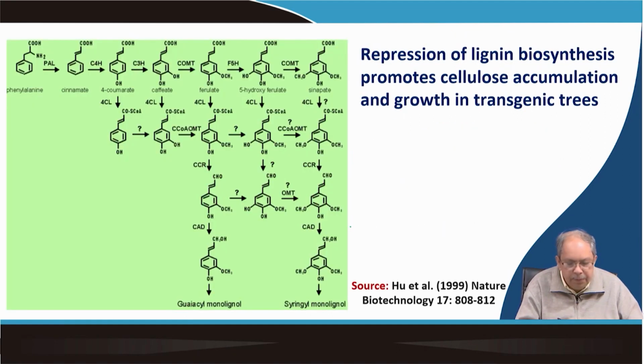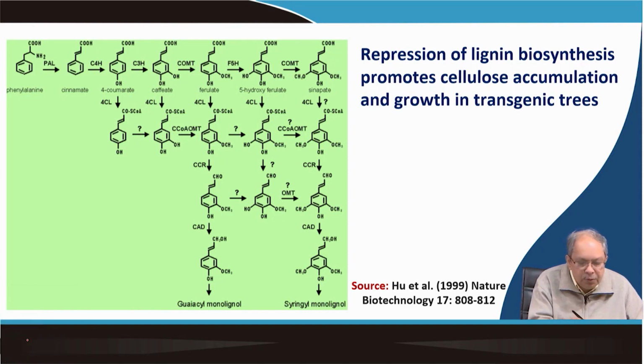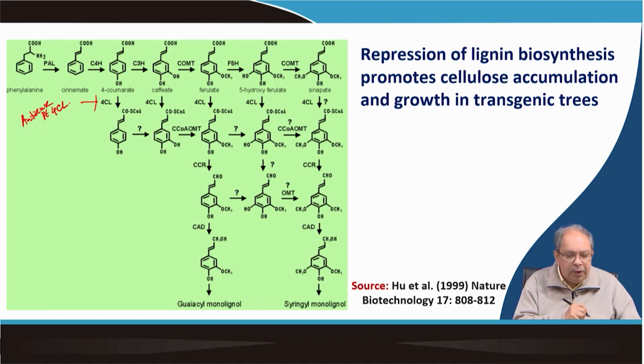Let us see. So, this is the pathway. So, this is the 4Cl here. These 4Cl they have blocked using antisense PT 4Cl. So, when this is blocked, then what will happen?